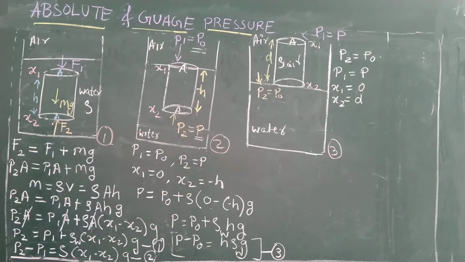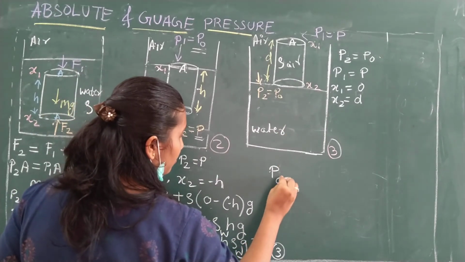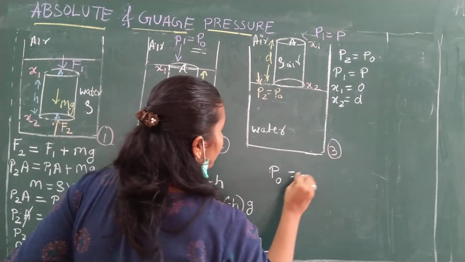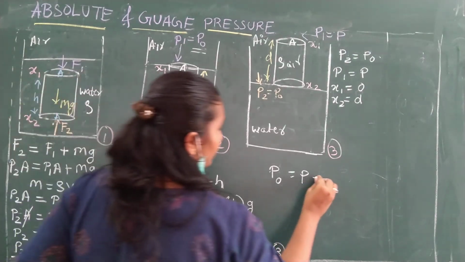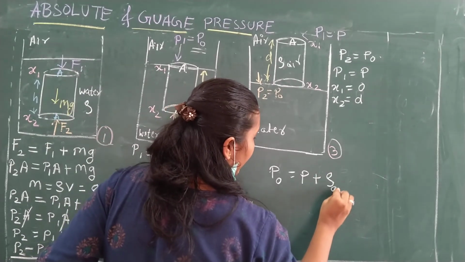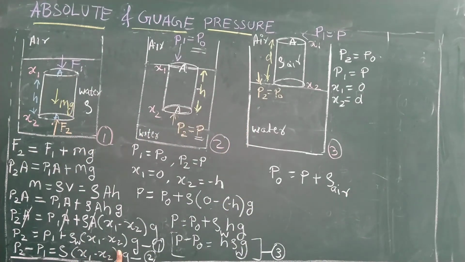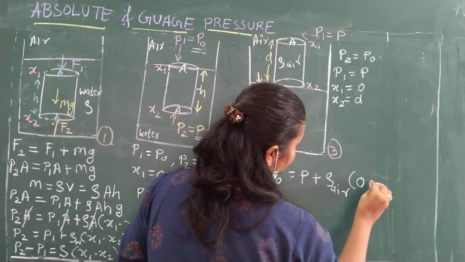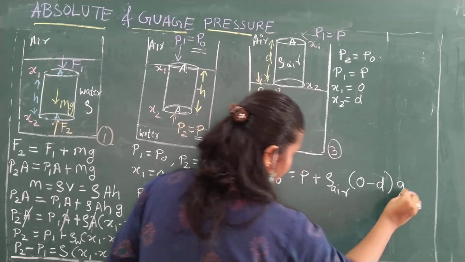So now the equation becomes: instead of P2 I will have P0, instead of P1 I will have P, plus the density of air now, not of water, times x1 minus x2. x1 here is 0, minus x2 means d, and g as it is.